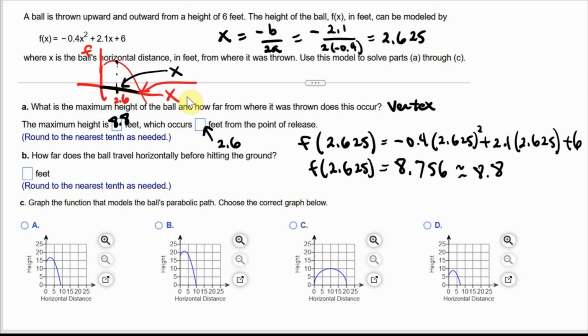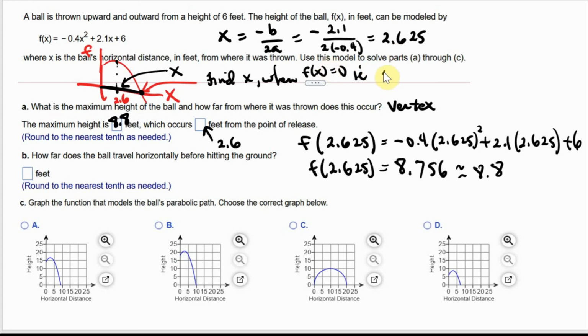So to find that, notice here that y is equal to 0 at that point. Y is equal to 0. So find x when f of x is equal to 0. But what is that? That's the quadratic formula.